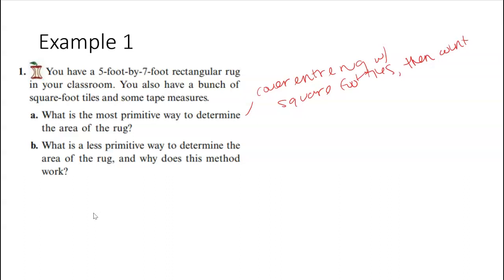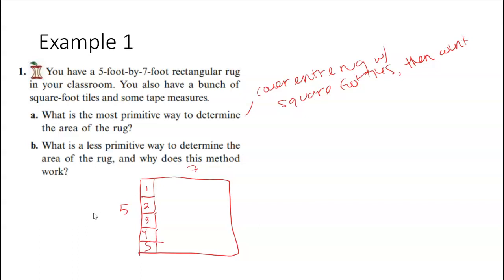Now, what is a less primitive way to determine the area of the rug? What we could do is take those square tiles and just cover the length. We've got a 5-foot by 7-foot rug. So we would have 1, 2, 3, 4, 5 square foot tiles going in this direction. And then we could go this way.